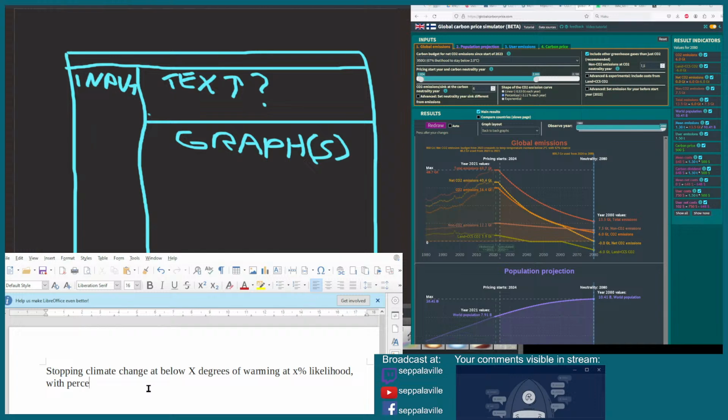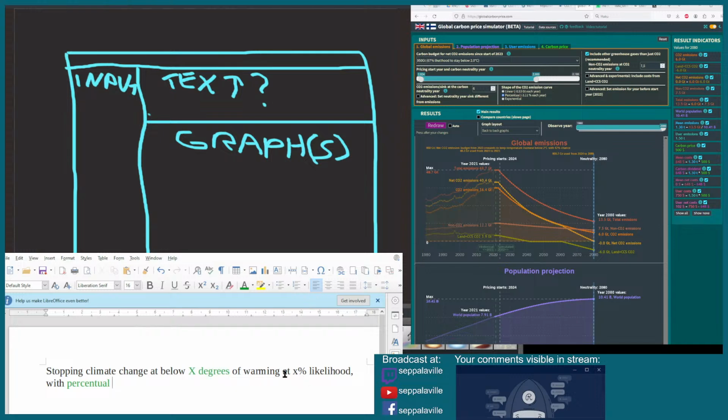So here, in the text, I think it would be nice to have different colors for things that are selected.